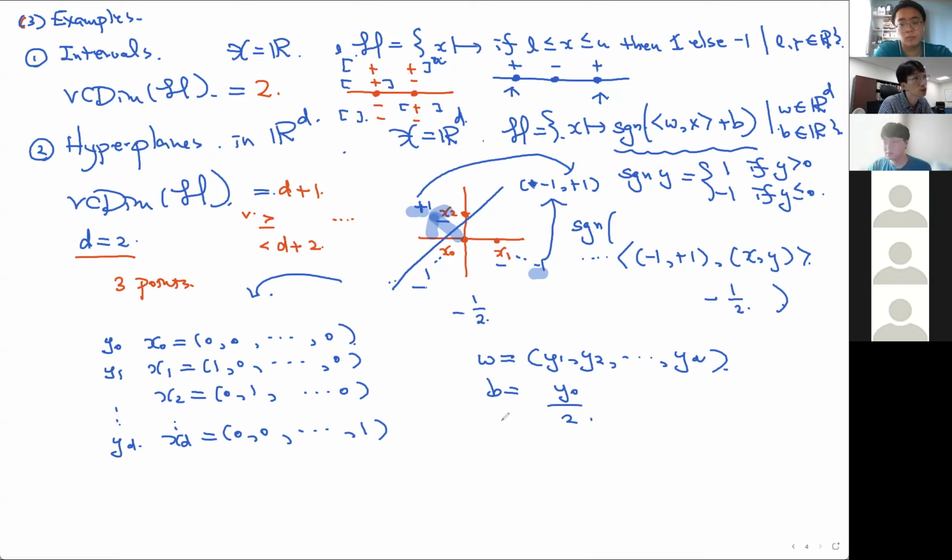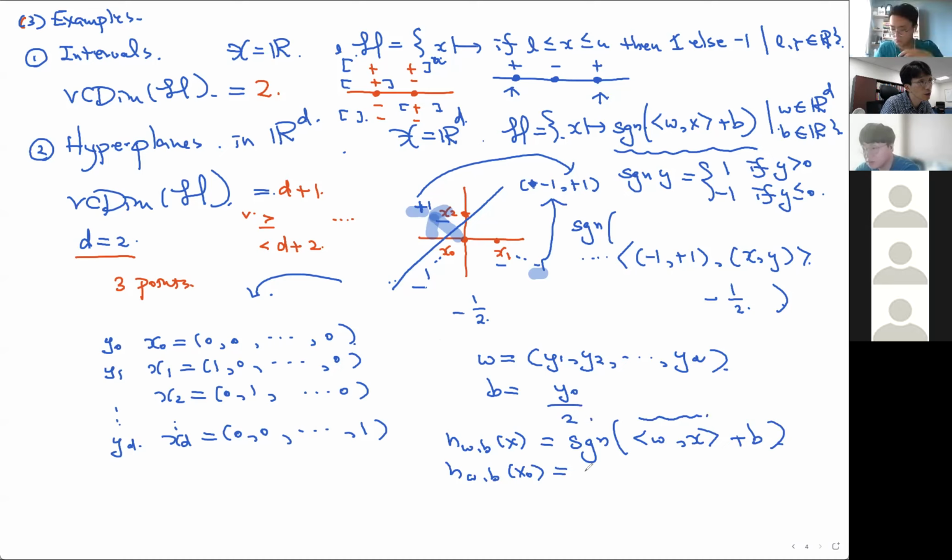If we do so, then this line, let's call it h of x, the sign of w x plus b, has this property. If we plug in x0, then the w x part becomes 0 and only b remains.